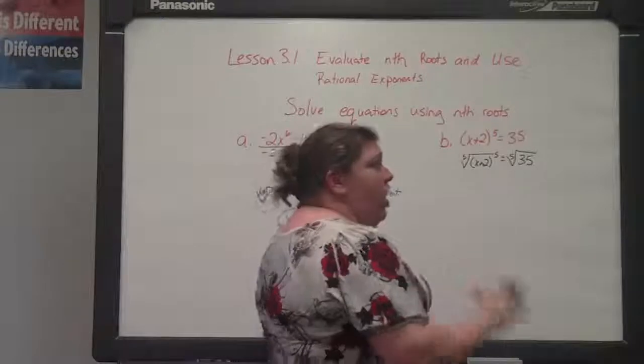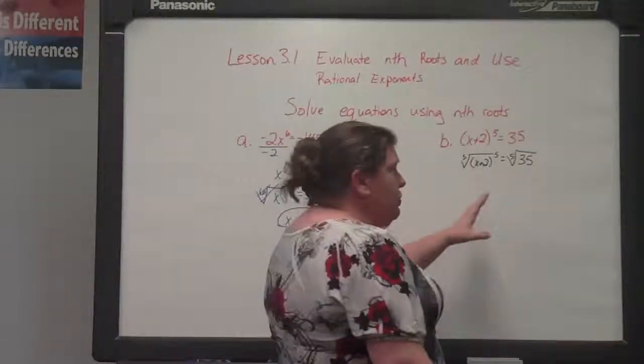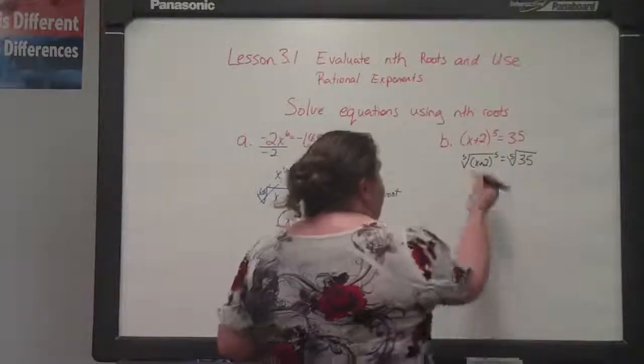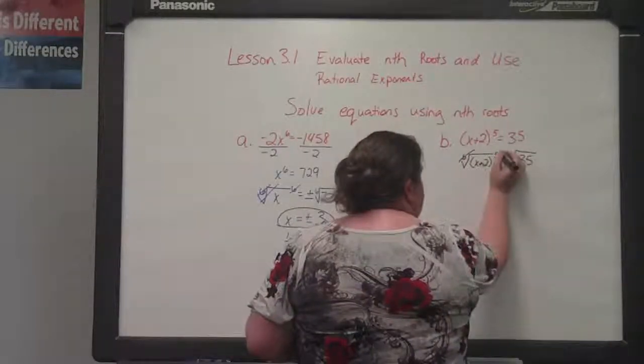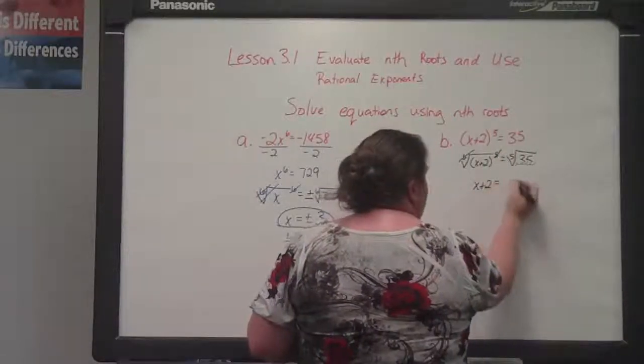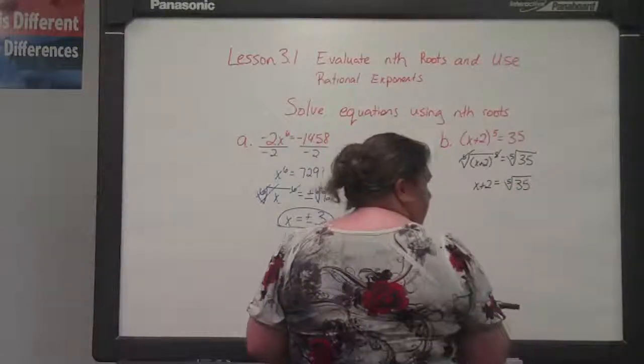Because 5 is odd, there's only the one answer, so there's no plus or minus. This 5th root cancels out the 5th power, so I have x plus 2 is equal to the 5th root of 35.